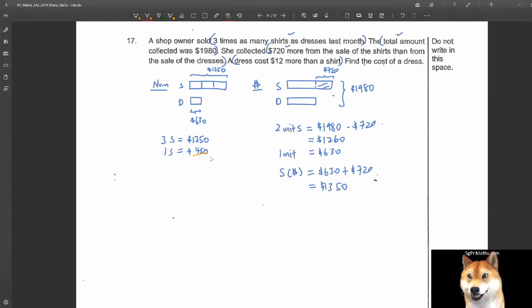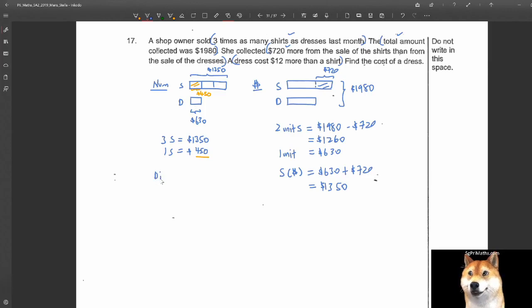Let's illustrate this on the graph model. This is $450. Then we can compare this unit and this unit.